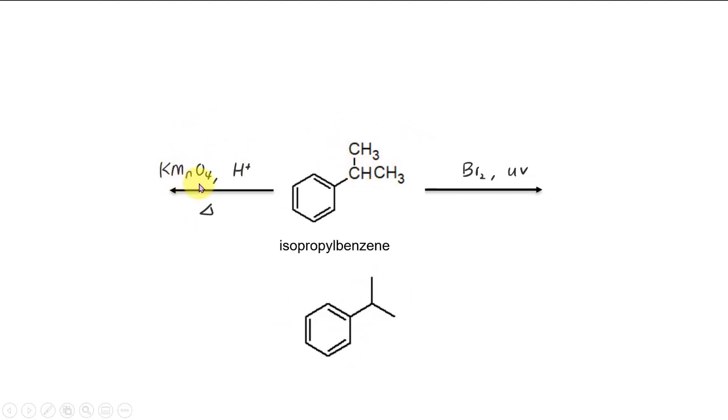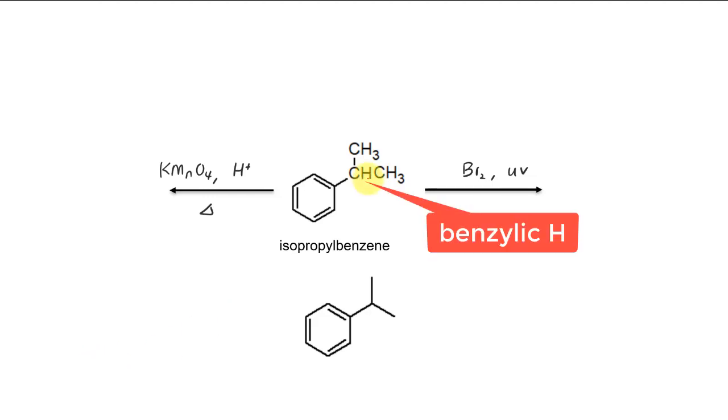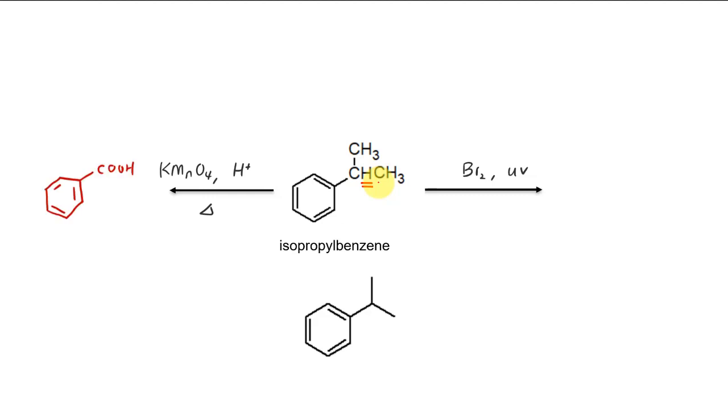We're using KMnO4, H+, and in the presence of heat. For this oxidation, please check your substituent. Is there any benzylic hydrogen present? We have our benzylic hydrogen here. So the product of this oxidation will form benzoic acid, regardless of how many carbons are present. The remaining carbons will form carbon dioxide.